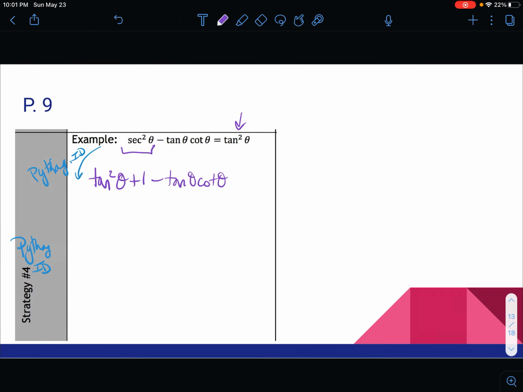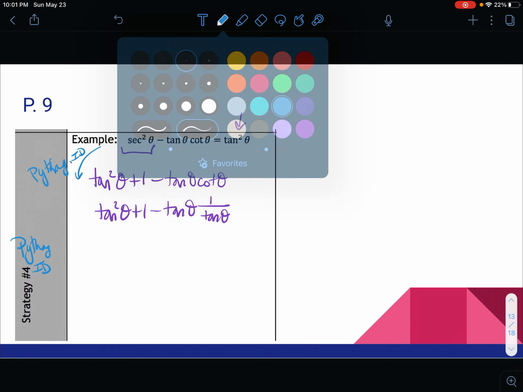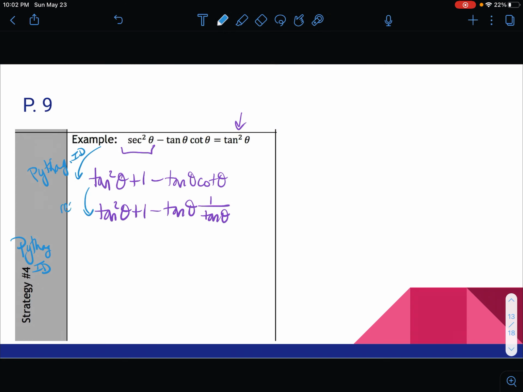Okay, so let's see what we can do next. We do have the tangent squared, that's good. Maybe what we can do is write cotangent in terms of tangent next. So tangent squared theta plus 1 minus tangent theta times 1 over tangent theta. And that would be because of the reciprocal identities.